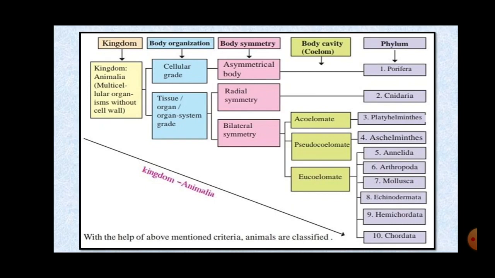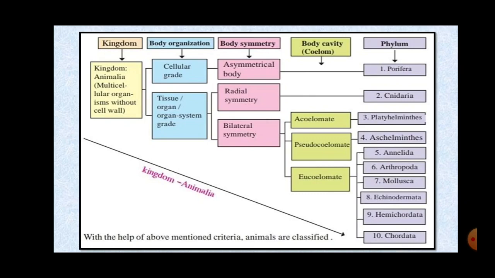This is how the classification is done from lesser developed to the totally developed animals. That is why I told you that you will have to remember the order of the phyla. You cannot mess up with that, because the least developed organisms are placed in the lower phylum, whereas the completely highly developed organisms are placed in the topmost phylum or the topmost class that we'd be studying now.